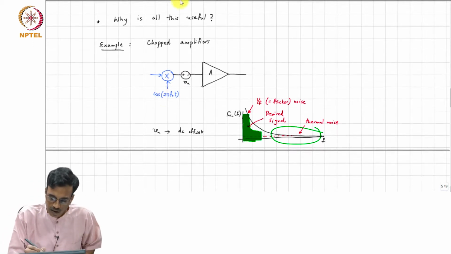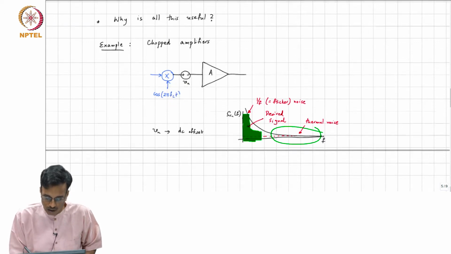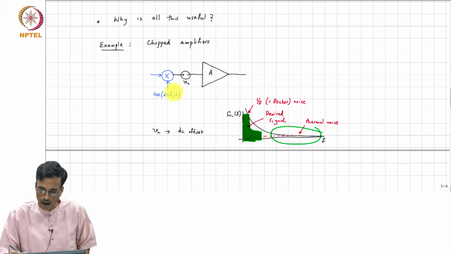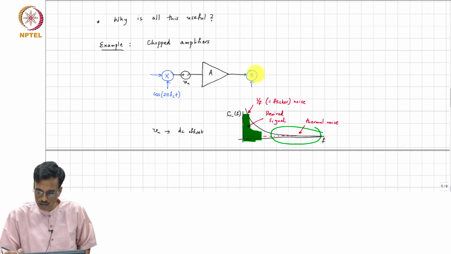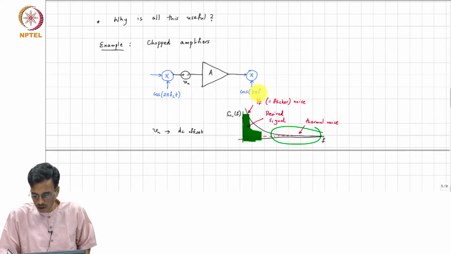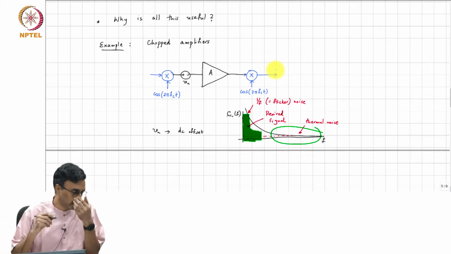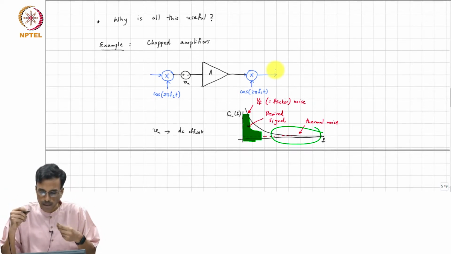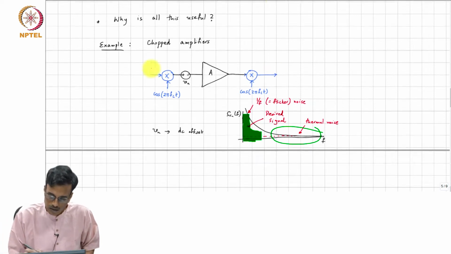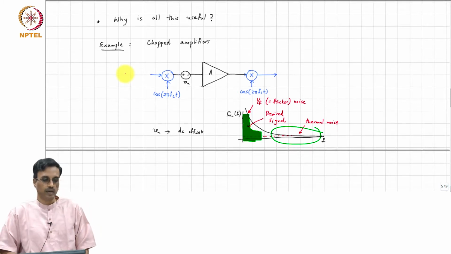I will call this f c t for a good reason, right, and I will multiply the output also by cos 2 pi f c t, all right, and so let us see what happens in this case.